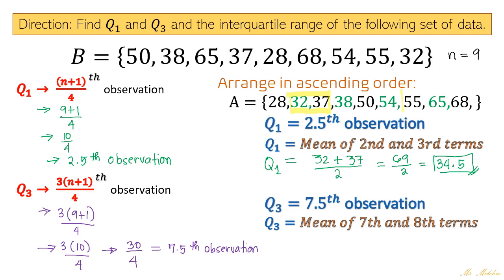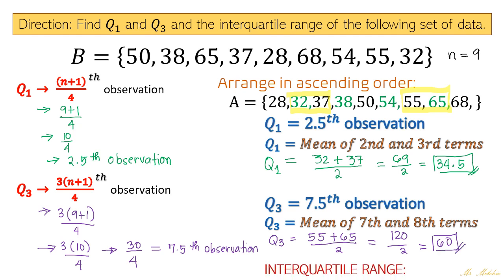So therefore, we are supposed to get the mean as well of this 55 and 65. So we have here Q3 equals 55 plus 65 divided by 2. And with that, we would have 55 plus 65, it's 120 divided by 2, then we would have 60. So therefore, our Q3 is 60.